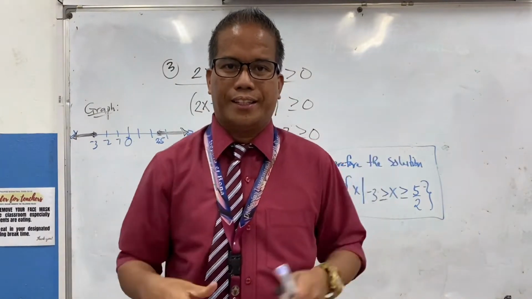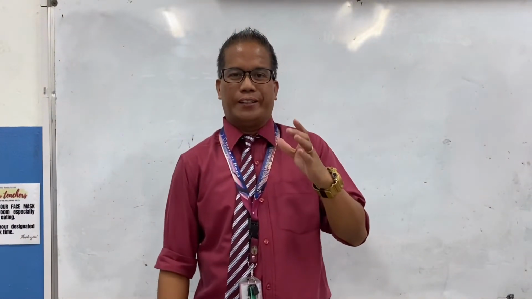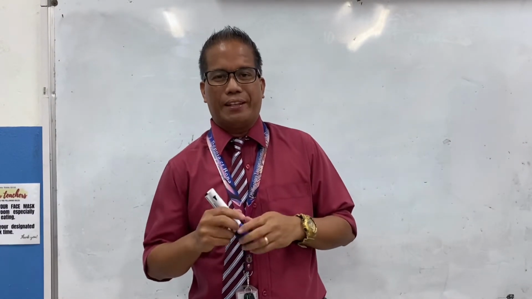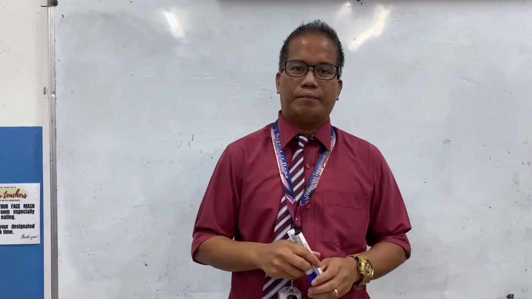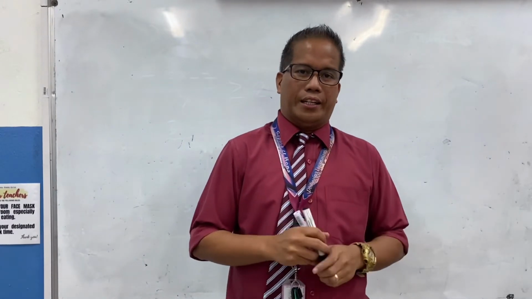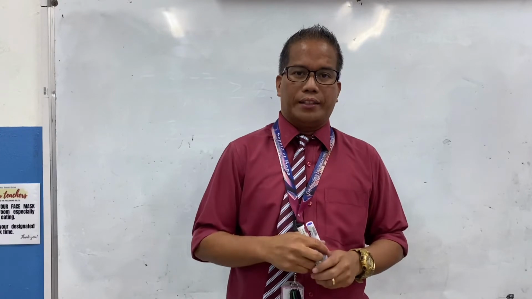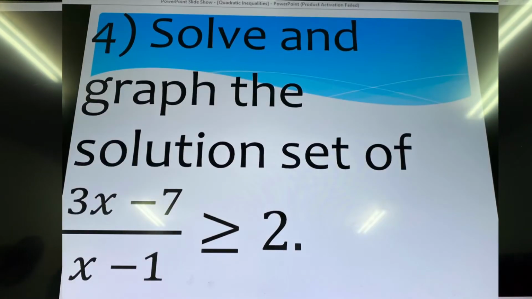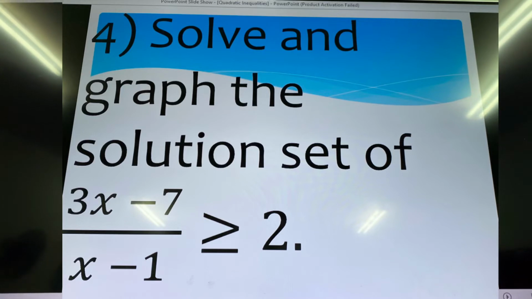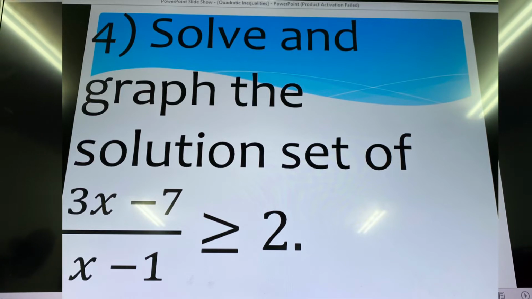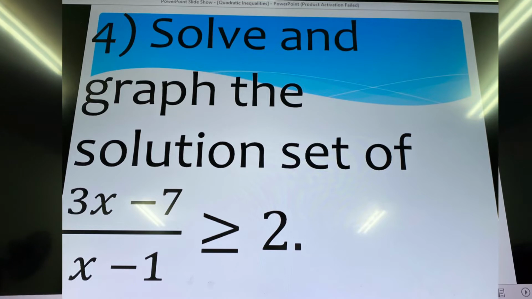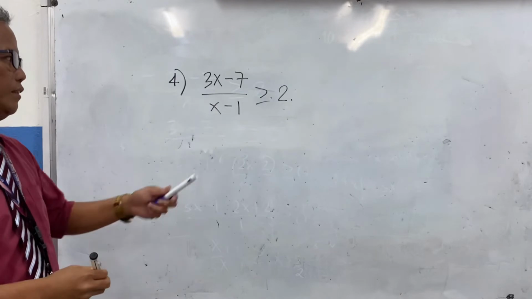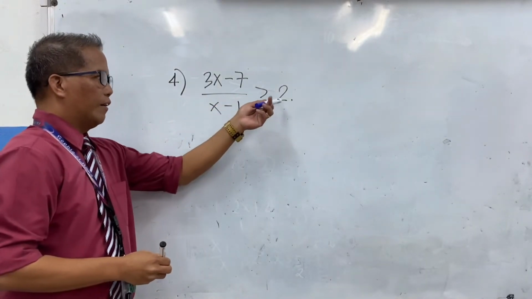Thank you guys. To answer question number 4, this is different from other quadratic inequalities because the given is a rational expression involving inequality. So here's the first: solve and graph the solution set of 3x minus 7 all over x minus 1 greater than or equal to 2.